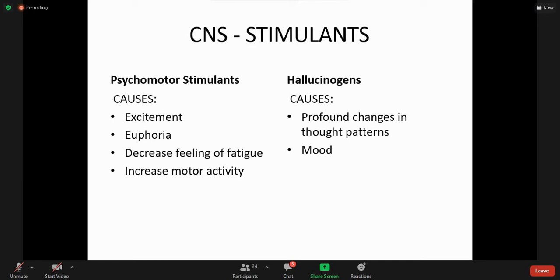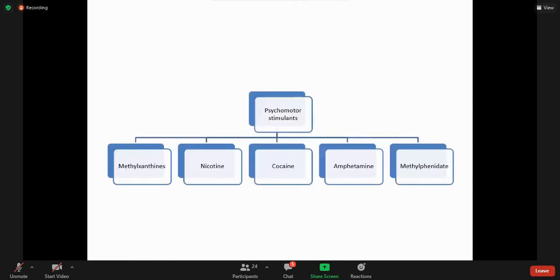Because initially a person takes that substance just to elevate his or her mood, right? But with continuous use, it can disturb the thought pattern as well. Okay, I think that is more than enough explanation.